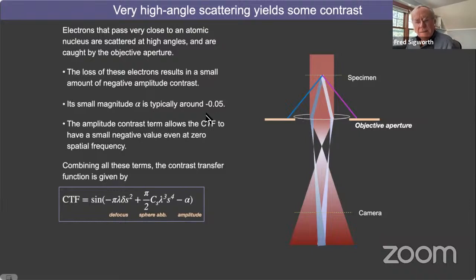This means that we have a little bit of amplitude contrast even in the absence of any defocus. And I like to put it in my formula here. I say the amount of amplitude contrast is this small angle alpha, but other people take it outside of the CTF formula and just say, well, the CTF is all these terms, and then we do minus alpha as the amplitude contrast term.